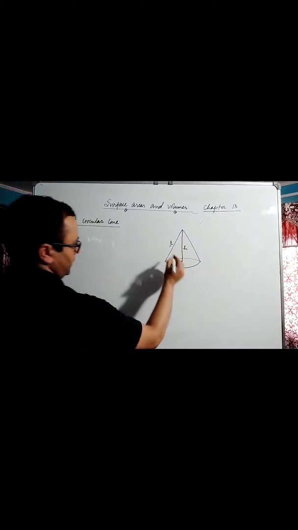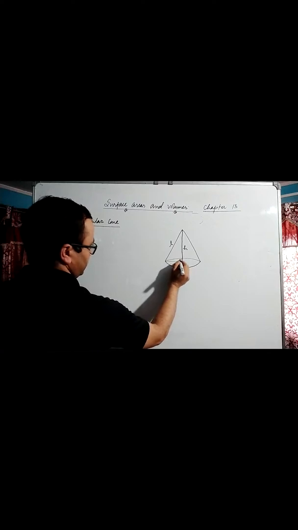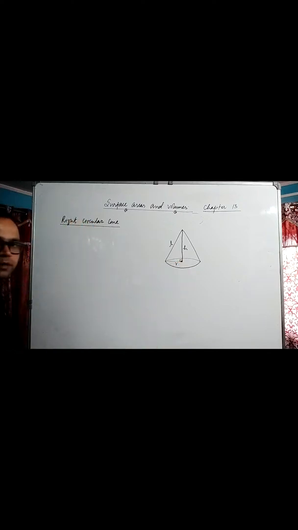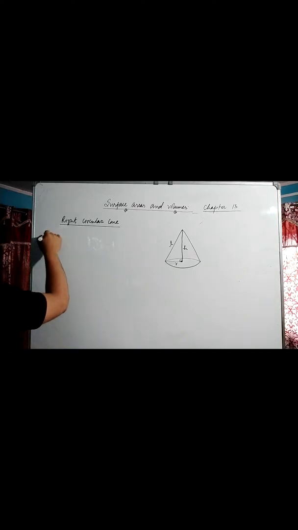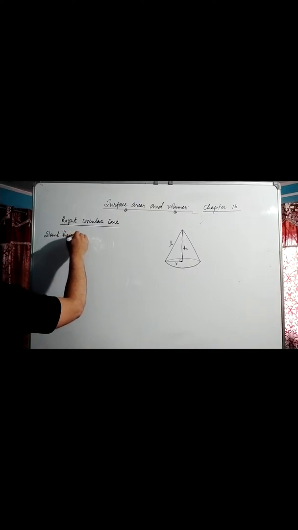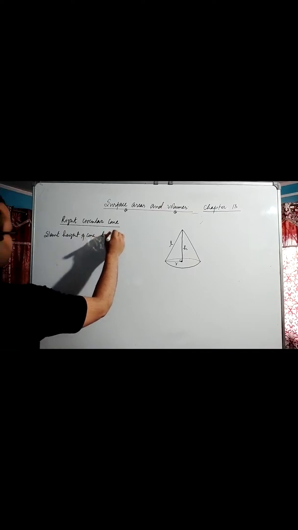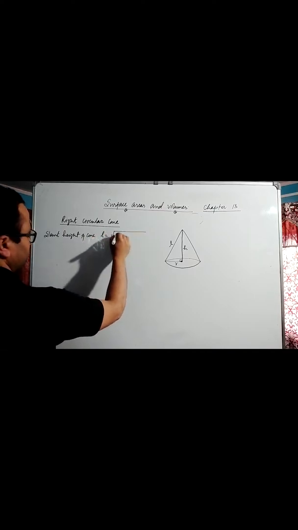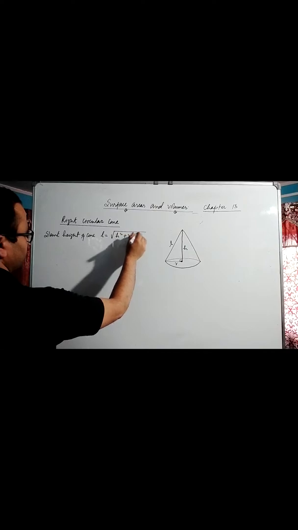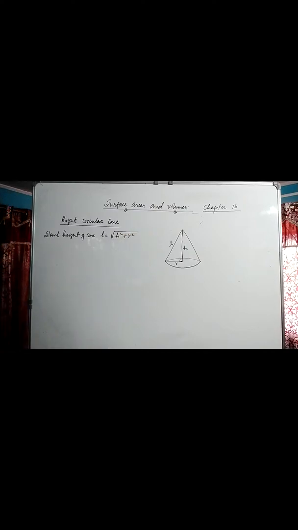First, we will calculate the slant height. Now it is a right angle. By using Pythagoras theorem, we can calculate the slant height of cone. So slant height of cone l equals root under h square plus r square. This is the slant height of cone.